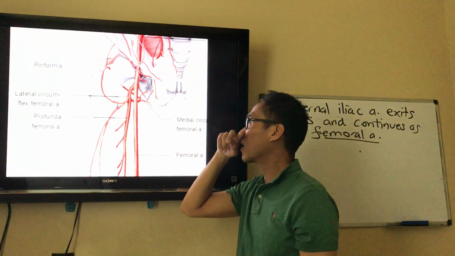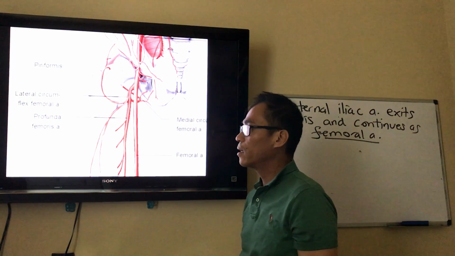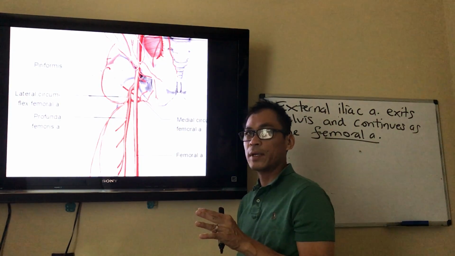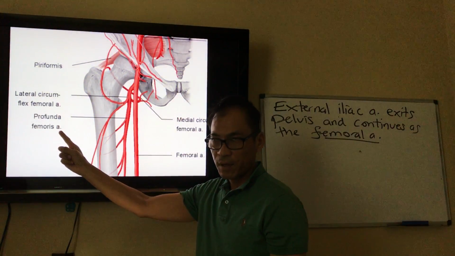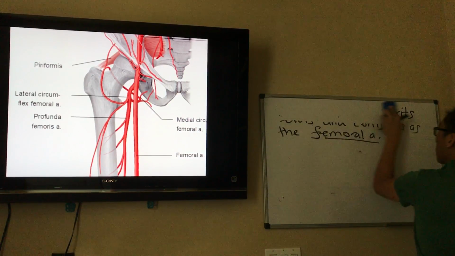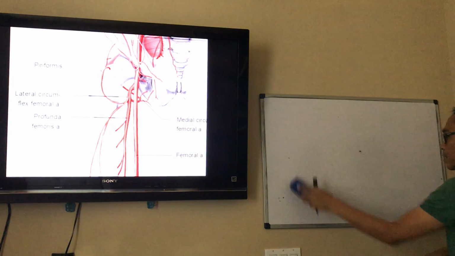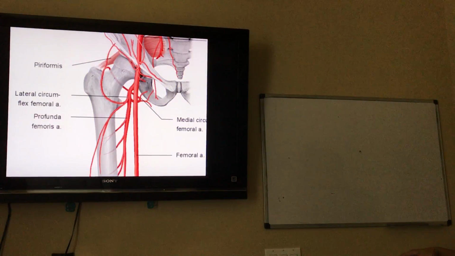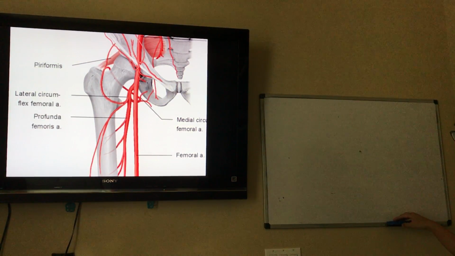That's external iliac. There's one major branch coming off of it called the deep femoral artery. Here it's called Profunda femoris. So let's follow the femoral artery. It's actually going to go all the way down medial thigh to the back of the knee.